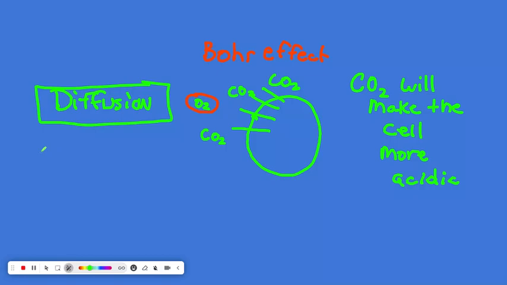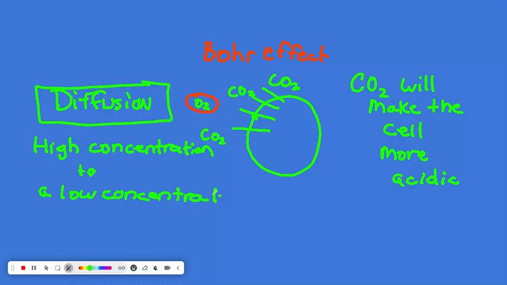So with diffusion, you can go from a high concentration of a substance without energy to a low concentration. And this, again, has no energy required. It's just passive transport.